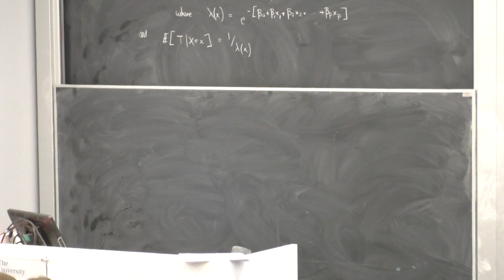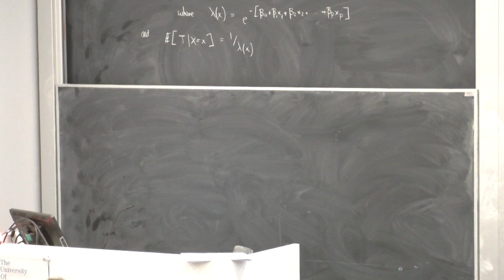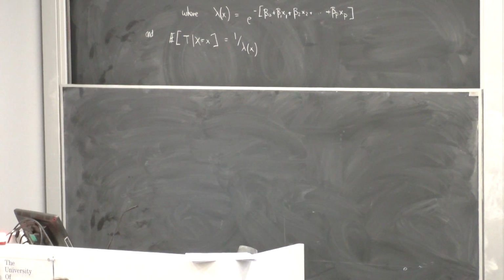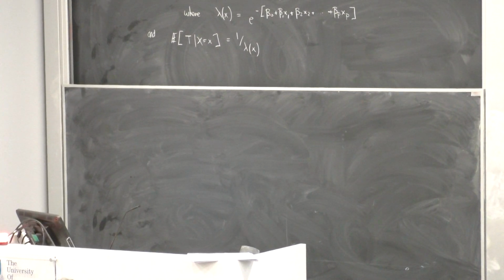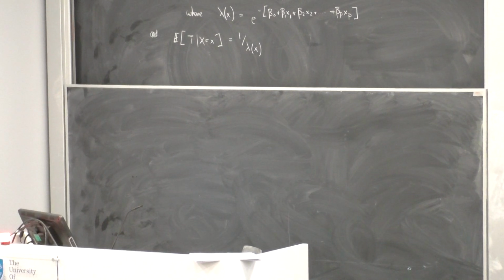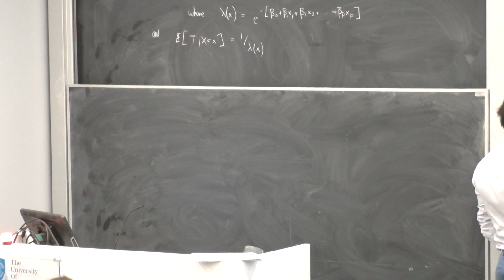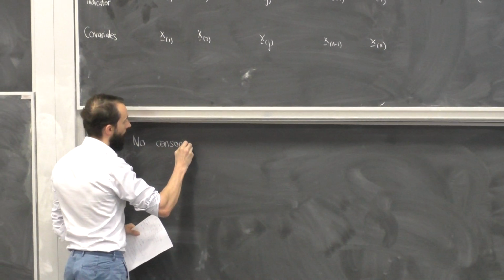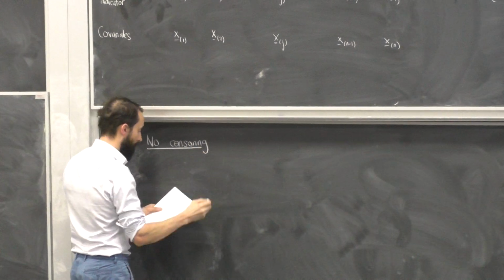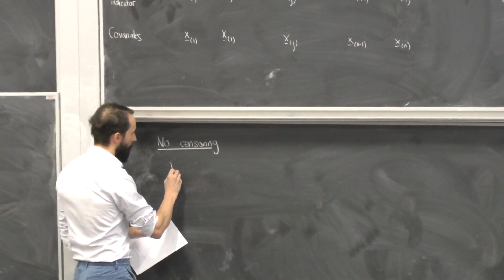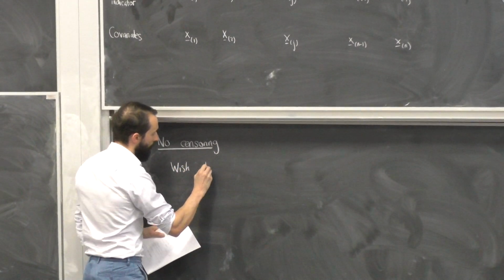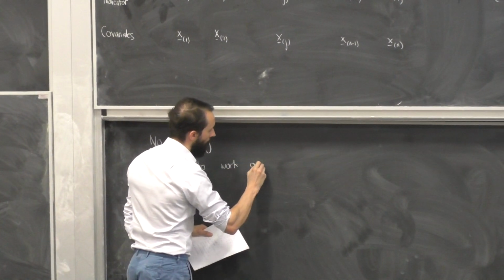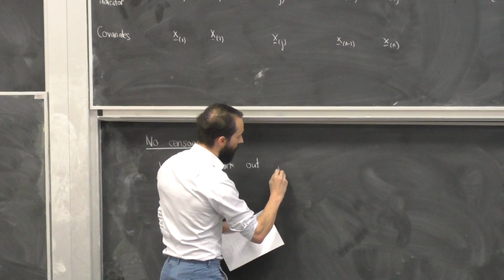So rather than work with the likelihood directly, what I'm going to try and work out is the probability that I saw the order of failure that I actually did observe. So when I've got no censoring, then what I want to work out is the partial likelihood.